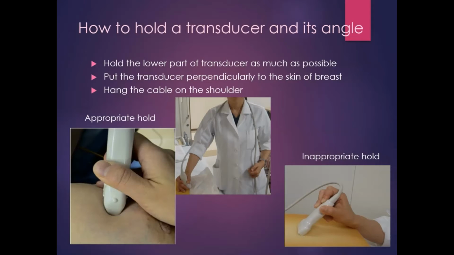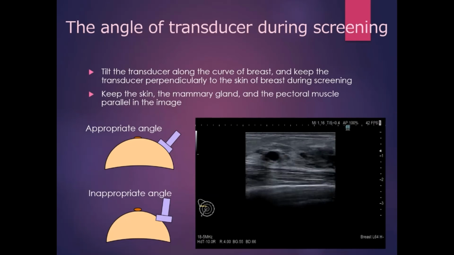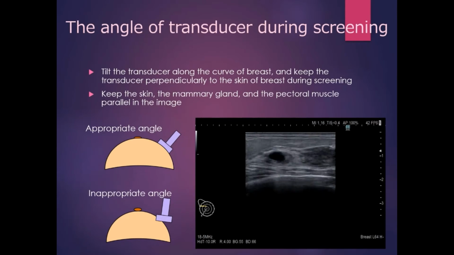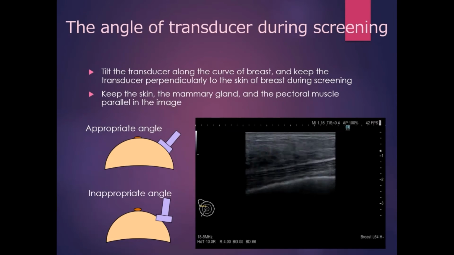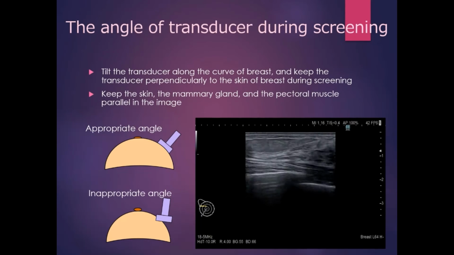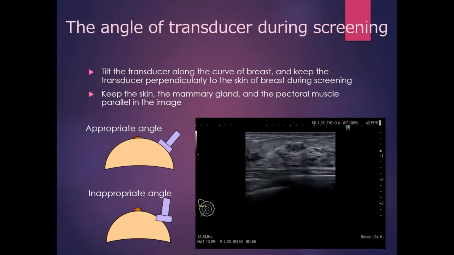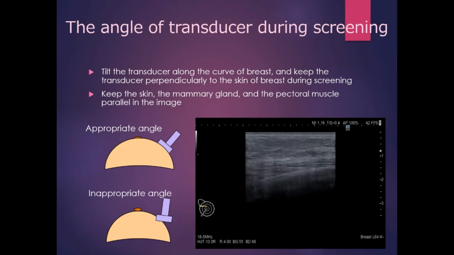If you hold the upper part of the transducer and tilt to scan, it leads to a low-quality image. Naturally, breasts are curved, so tilt the transducer around the curve and keep it perpendicular to the skin of the breast during screening. Take care to keep the skin, mammary gland and the pectoral muscle parallel in the image.